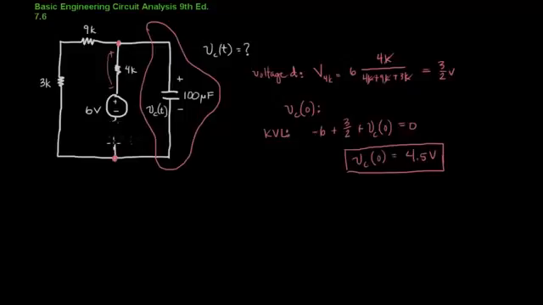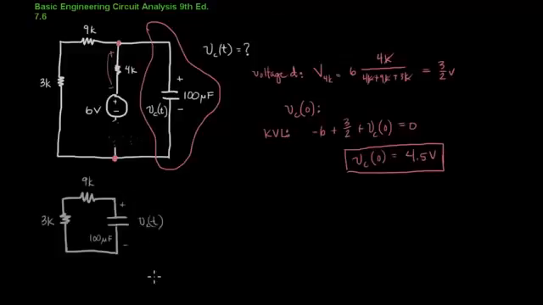What does the battery do to the circuit? It does nothing. This whole branch is dead. It supplies no current to the circuit, and so our effective circuit now becomes just this outer loop. So we can redraw the circuit, and it will look like this. Now that we've redrawn the circuit, we can solve for VC of t.